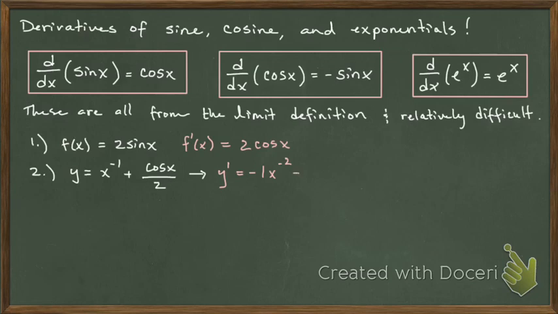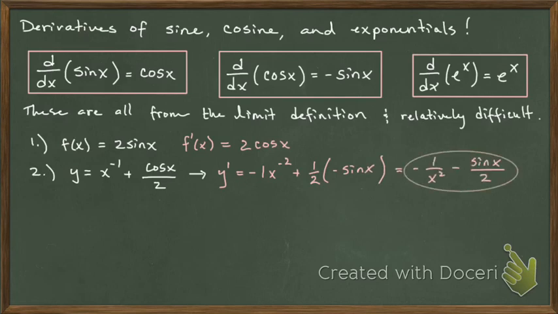So I really write that 1/2 out front. Derivative of cosine x is minus sine x. So we simplify that to be minus 1 over x squared minus sine x over 2, or minus 1/2 sine x. Either is fine. So some basic rules, some sum and difference rules as well there.